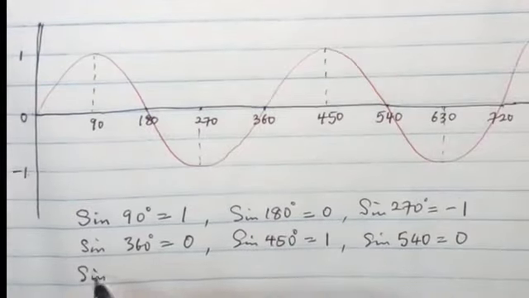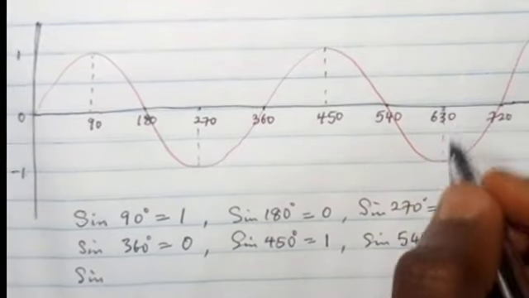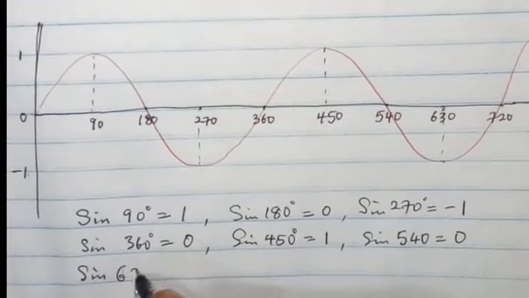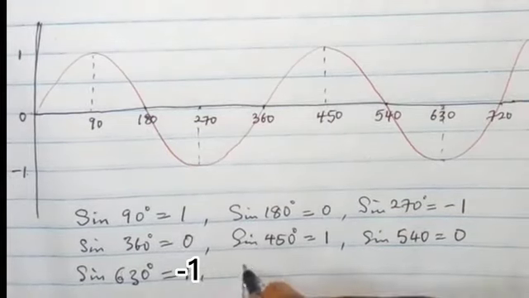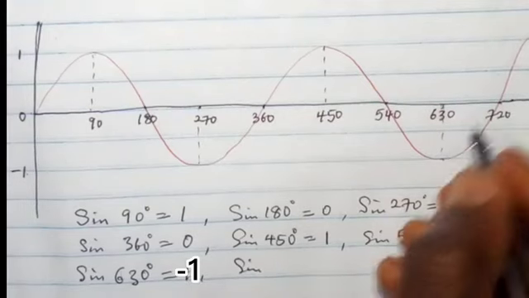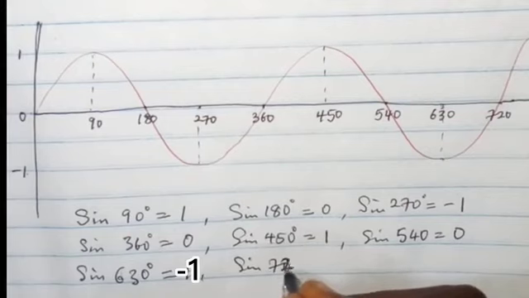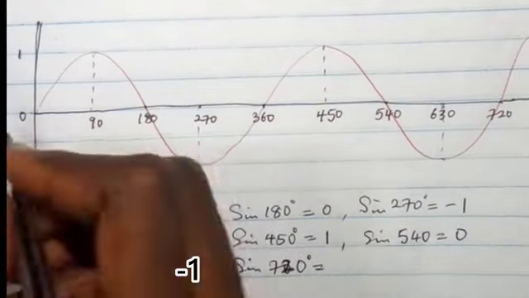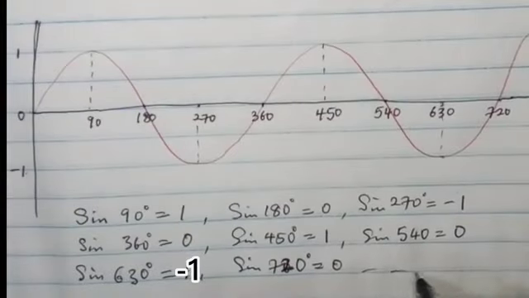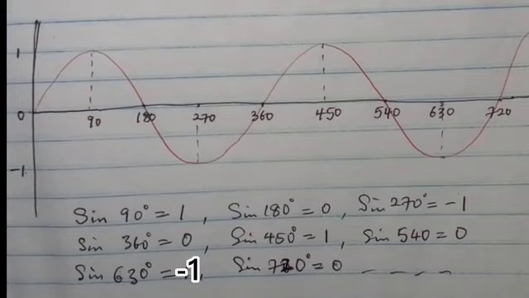Sine 630 is on the lower amplitude, which is -1, so sine 630 degree is equal to -1. Sine 720 degree is on the horizontal, so sine 720 is equal to 0. So it's going like that. You can check by using a calculator just to confirm the values.